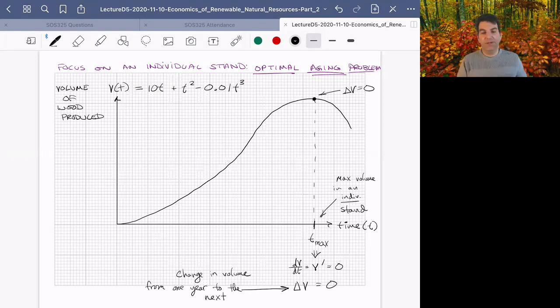And so basically we're saying that if you want the maximum wood production from a particular tree stand, just in one cycle, so we're not worried about all the cycles, then you keep measuring the trees, and you have some estimate, maybe an overhead drone that goes over and measures canopy or whatever.